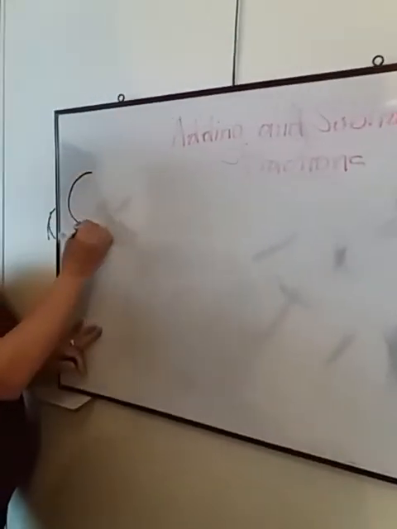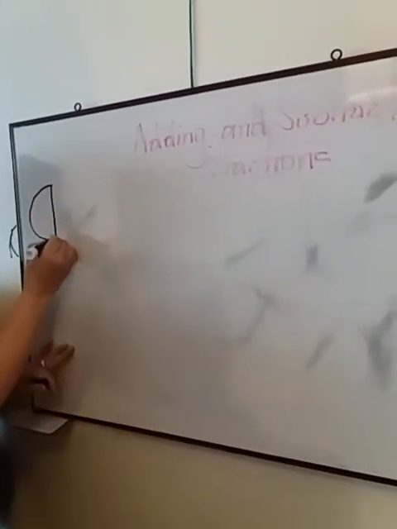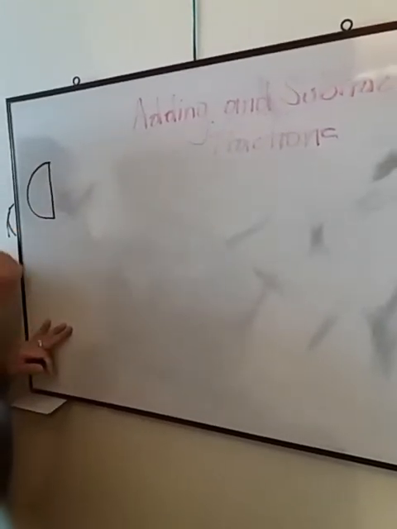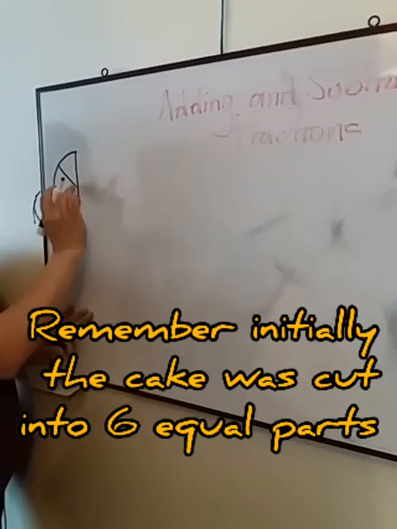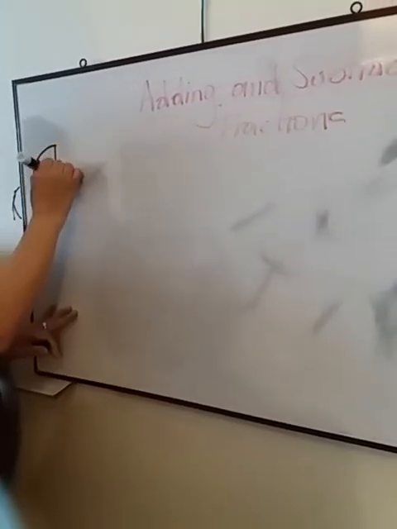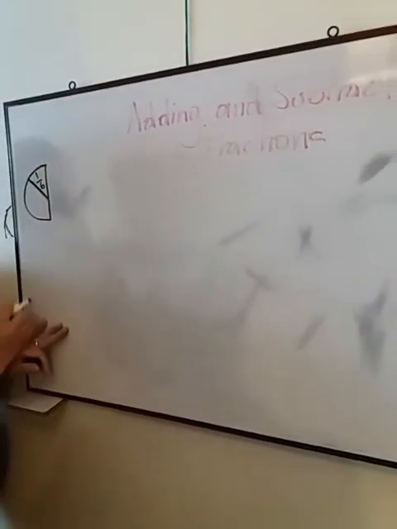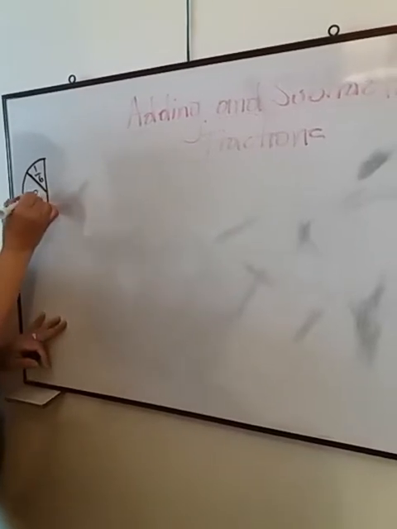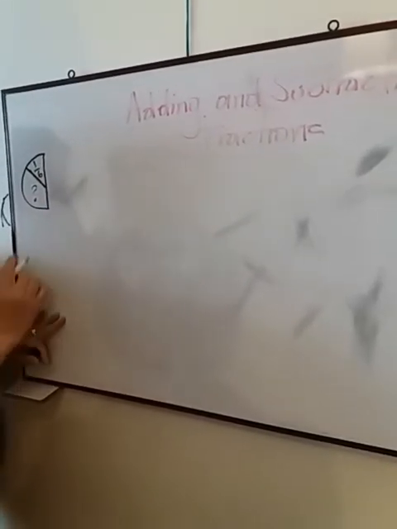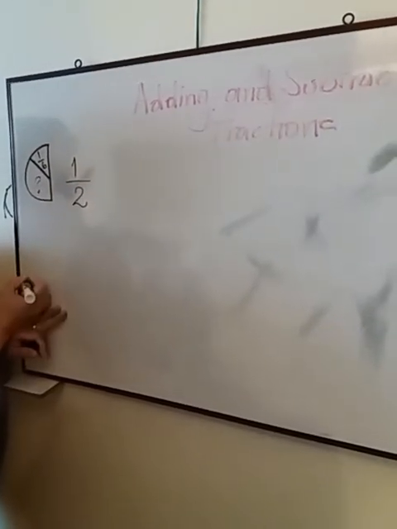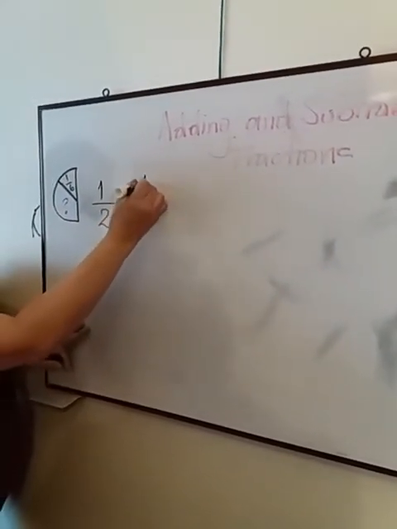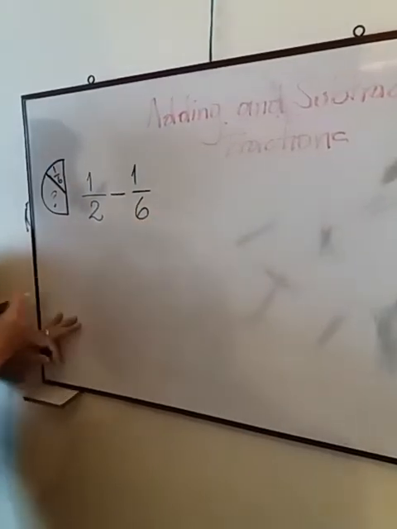We have half of the cake. And from this half of the cake, we eat 1/6 of a cake. How much cake is left? So we represent this in a subtraction. 1/2 minus 1/6.